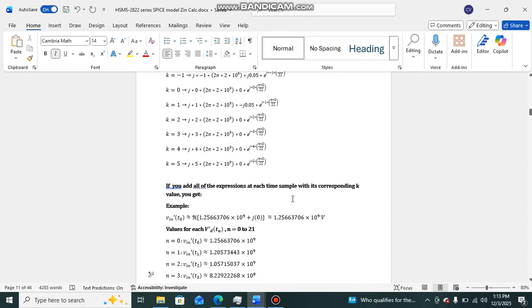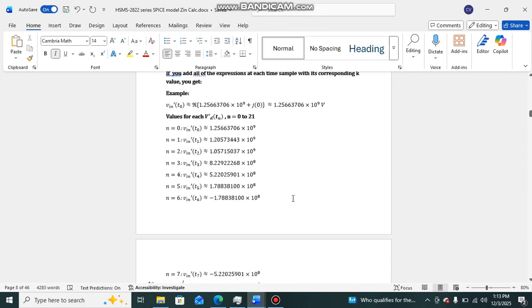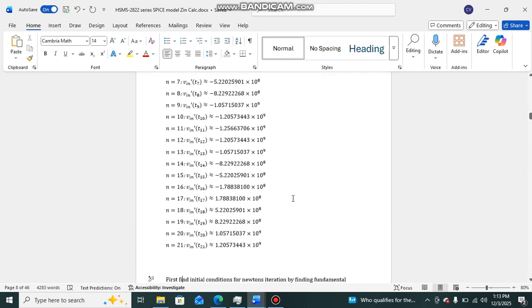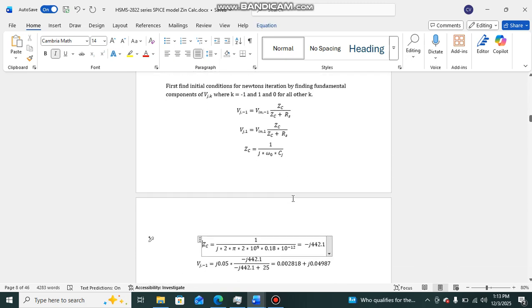So we don't need to do Vn prime, as I said. So here are the junction voltages at the fundamentals, as we only found the fundamentals right now. All the other harmonics we have not found. That is taking place during the Newton's iteration process.